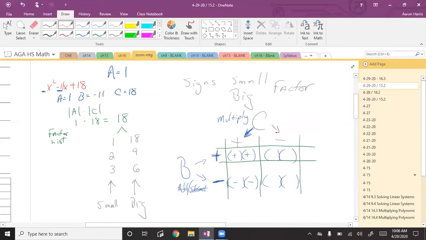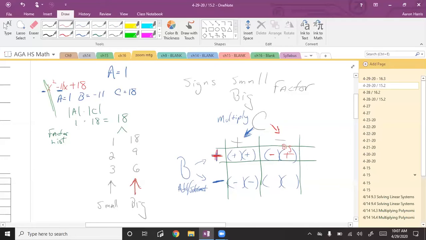Now, what if C is negative? The only way I can multiply 2 numbers together to get a negative number is if one of them is positive and one of them is negative, okay? Now, that's where this is key. If B is positive, then the bigger number, this column, has to be positive. We already said a negative times a positive will get me a negative, but a negative plus a positive, where the positive number is bigger, will get me a positive number when I add them.